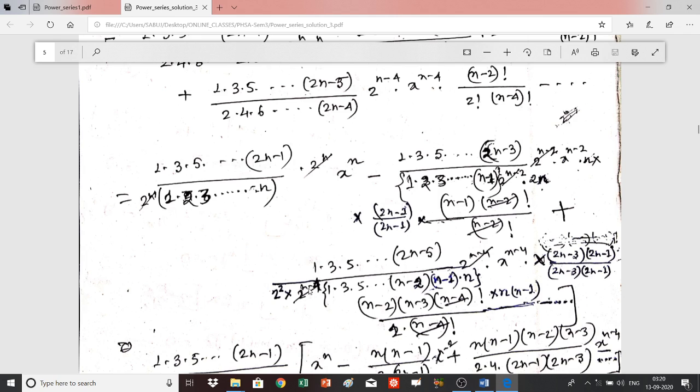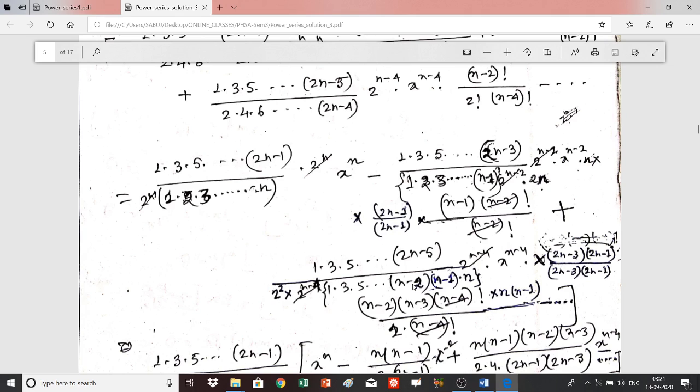So if I write 2 to the power n minus 4 as it was done in the first case, I have to multiply this term by 2 squared, that means 4, such that it will be 2 to the power n minus 2. Okay, you understand, I hope. And then here this term will be 1 3 5 etc.